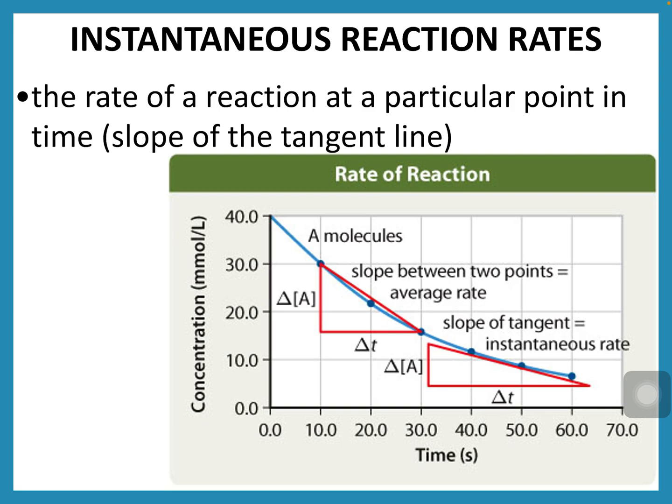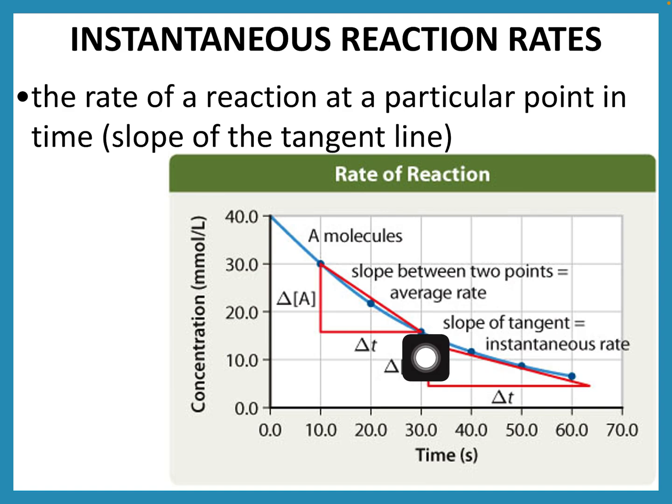We can also calculate the instantaneous rate, where we can pick any point along the graph that we want, and then we just draw in a tangent line. A tangent line is just a straight line that is drawn in at whatever point we are looking for the instantaneous rate at.